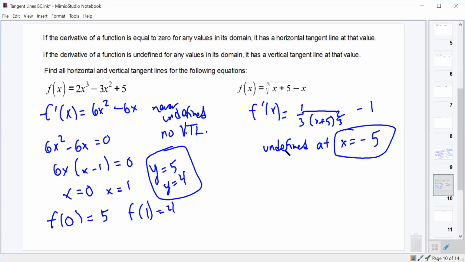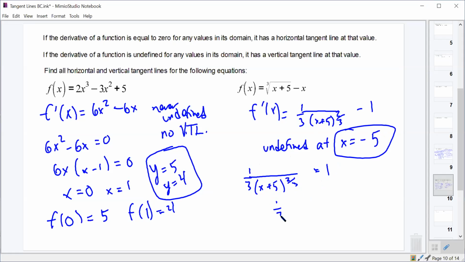And then what about horizontal tangent line? We need to set the whole thing equal to 0. If you want to get a common denominator, you can, but if we just set it equal to 0, that's going to give us 1/3 times x plus 5 to the 2/3 equals 1. And we'll cross multiply here, bring the x plus 5 up here.